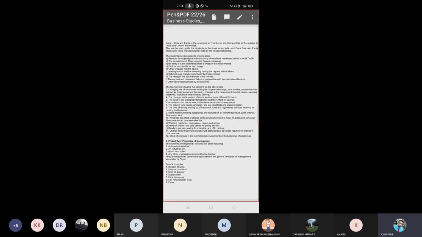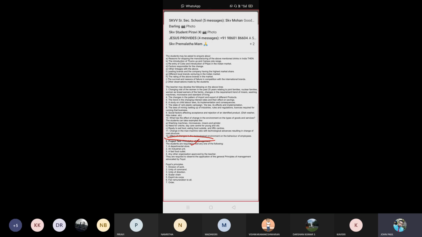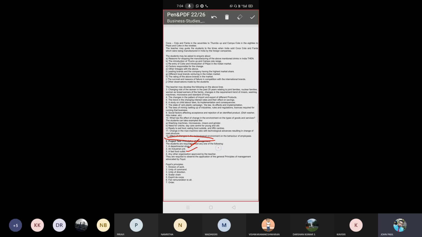So all this is chapter 2, sorry, this is project title 1. Okay, it is about the business environment. And for chapter 2, principles of management, what do we need to take? Required to visit any one of these: departmental store, industry, fast food outlet or any other organization approved by the teacher. You need to visit personally.